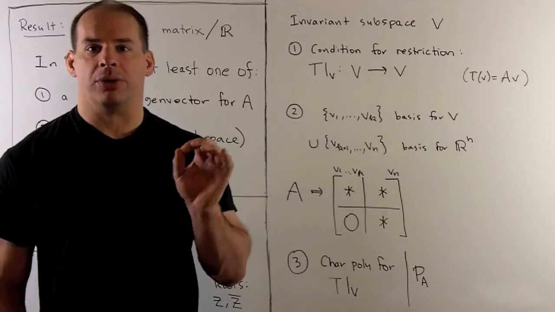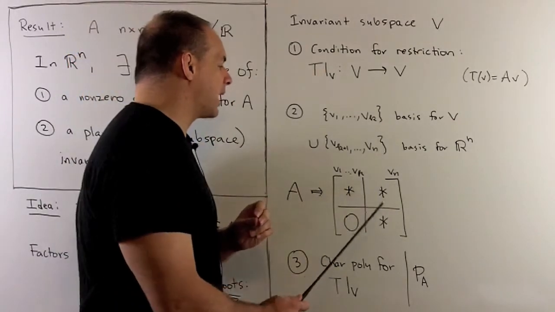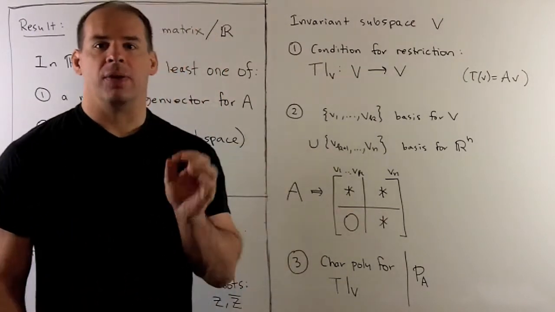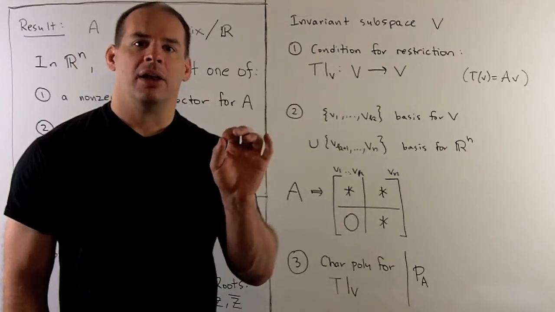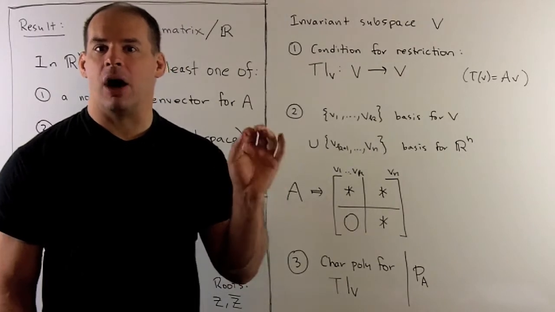For vk+1 through vn, we don't have any information, so all we can say is block and block. Now, that means if we have an invariant subspace, we could choose our basis so that the matrix for A with respect to our new basis is block upper triangular.